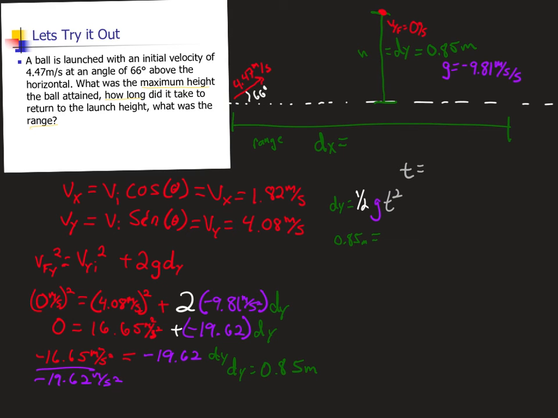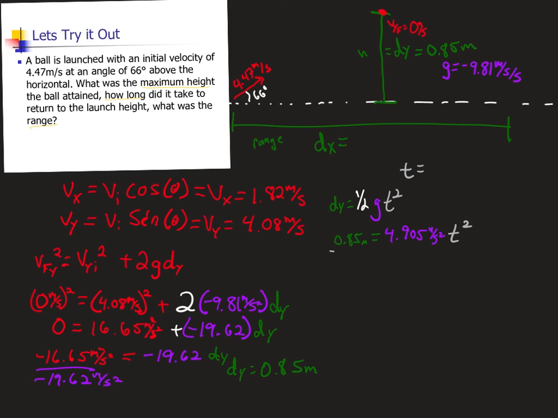So a lot of times students start actually remembering it. And that would be 4.905 meters per second squared times t squared.